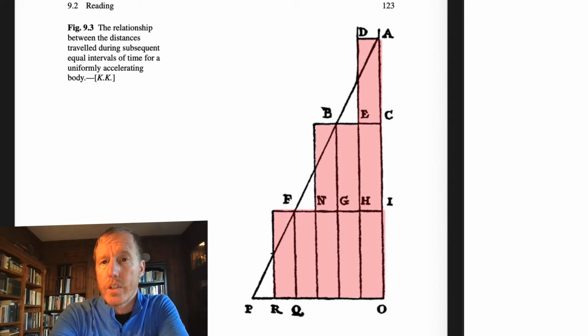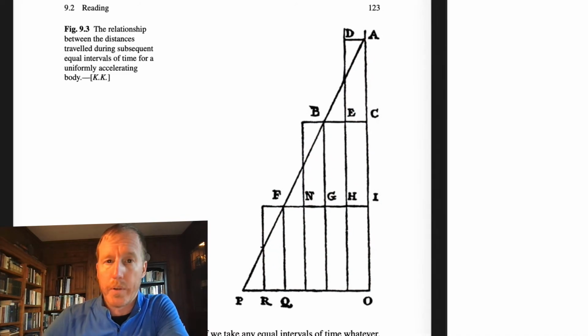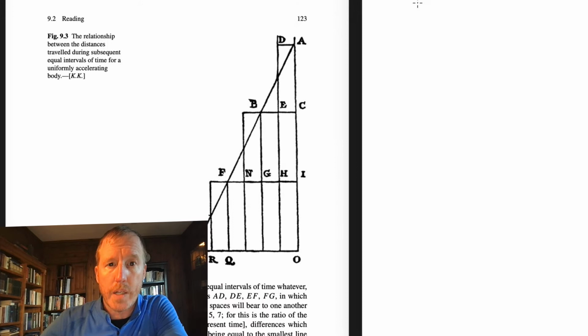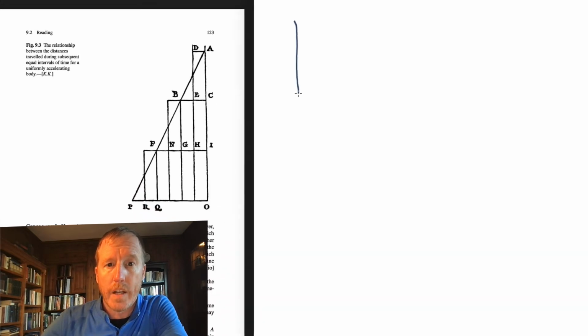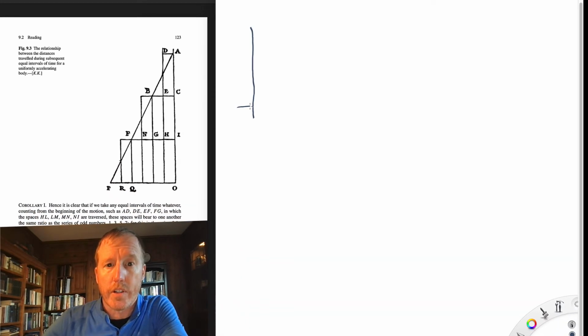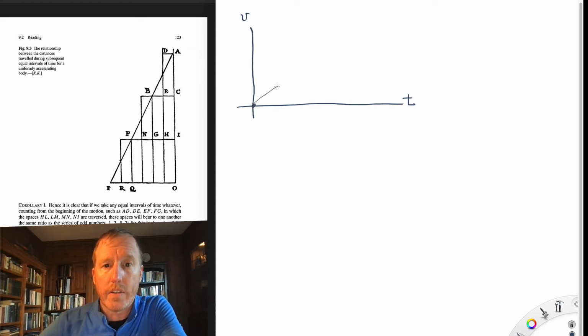Now, this might look a little bit foreign to you, but I suspect if we turned this diagram on its side, it would look more like something you've seen before. So, for example, if I were to draw velocity on the vertical axis and time on the horizontal axis, like this, what this is representing is a velocity versus time graph.